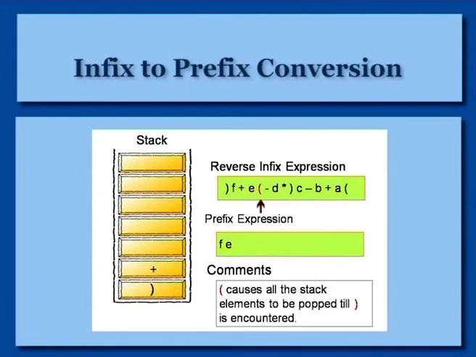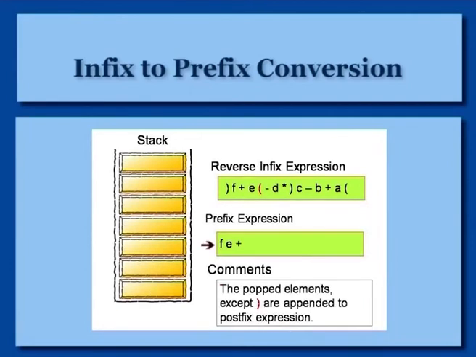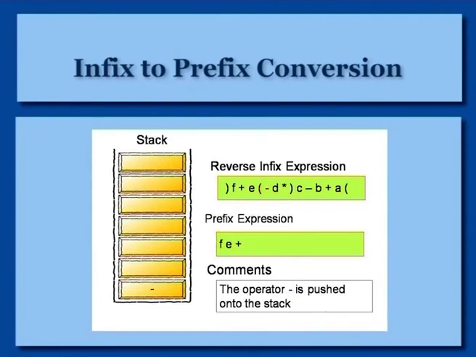On encountering the opening bracket, all the stack elements are popped till the closing bracket is encountered. The popped elements except the closing bracket are appended to the prefix string. The next character is the subtraction operator and it is pushed onto the stack as the stack is empty.